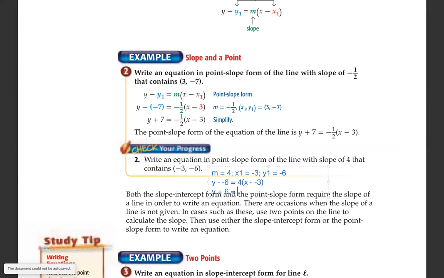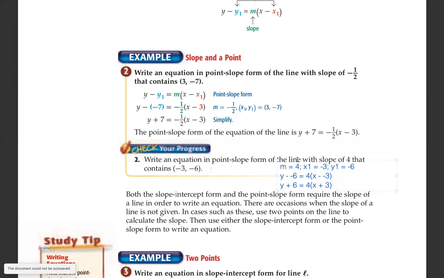equals 4 open parenthesis x plus 3, and then close. So we just leave it like that. We don't need to distribute the parentheses here.